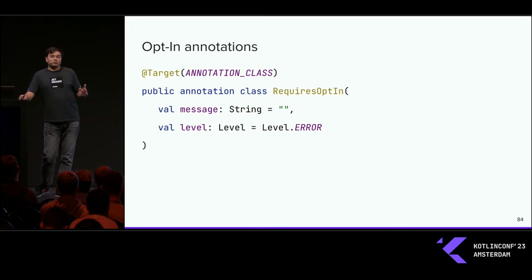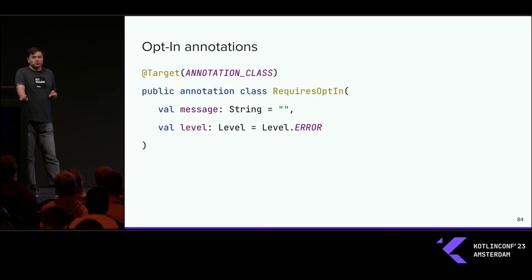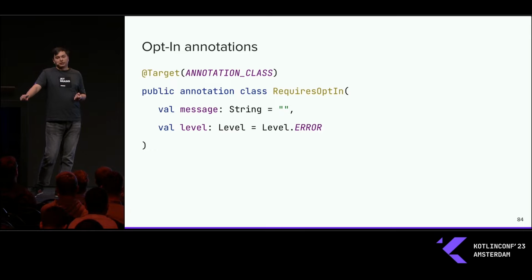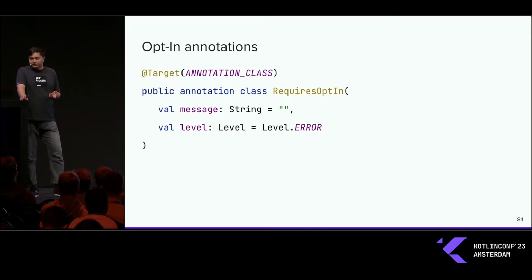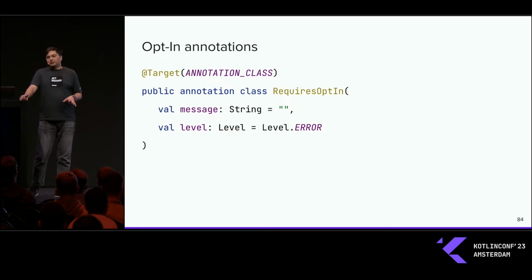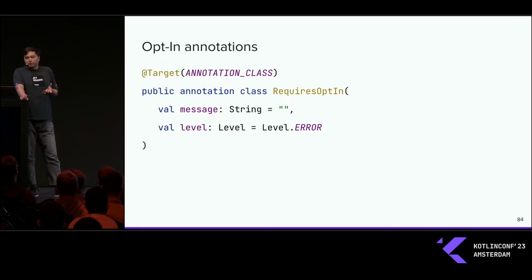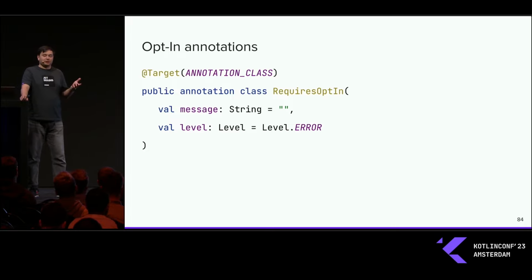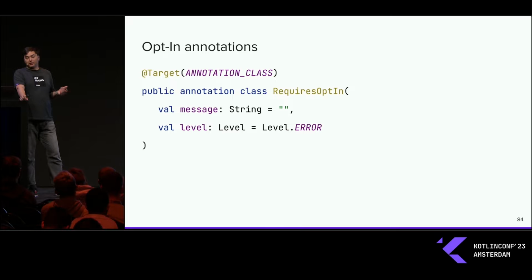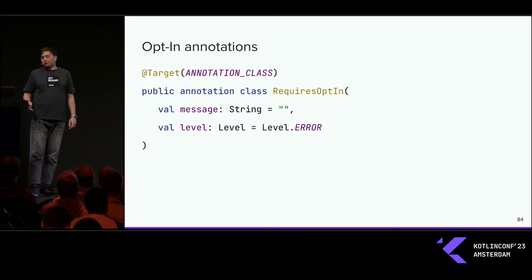So how can we mark something as experimental? There is a special tool for that in Kotlin. It's called opt-in annotations. In the Kotlin stdlib, we have the following declaration. The public annotation class RequiresOptIn has parameters very similar to Deprecated, because it is also a way to mark up API. We have message and level, which is either a warning or an error.